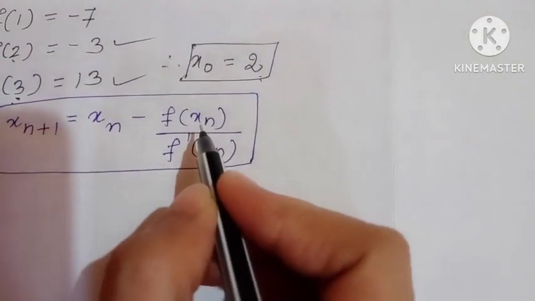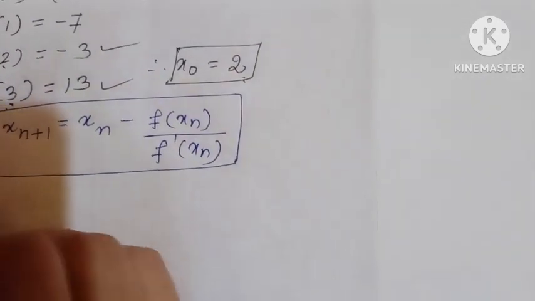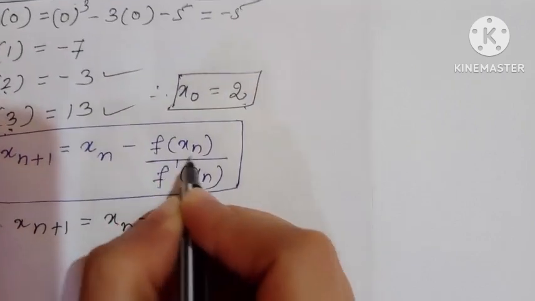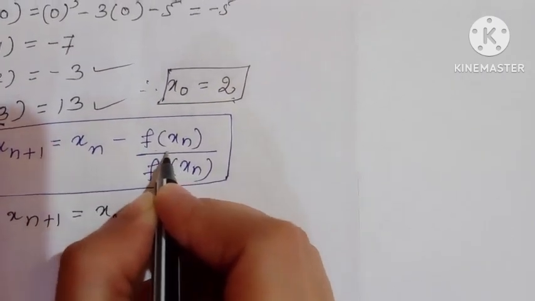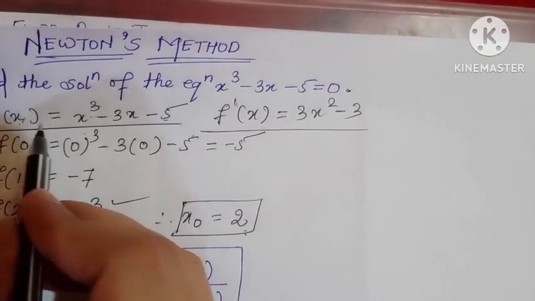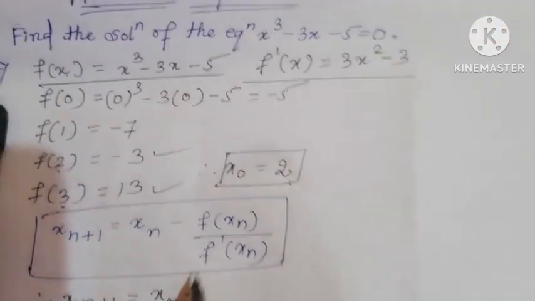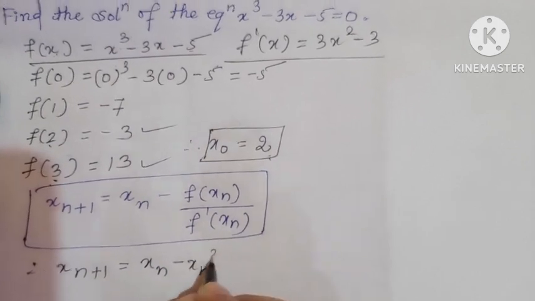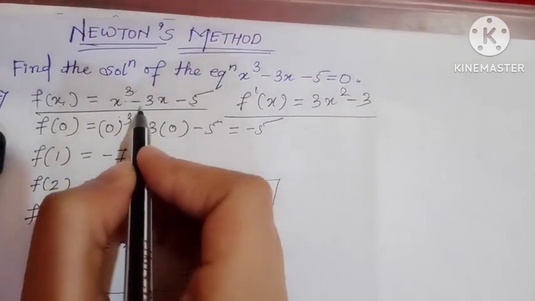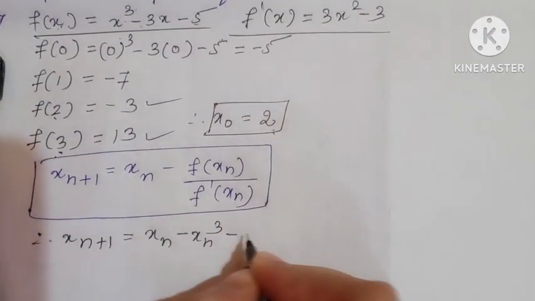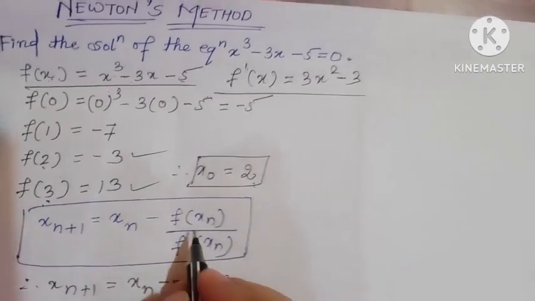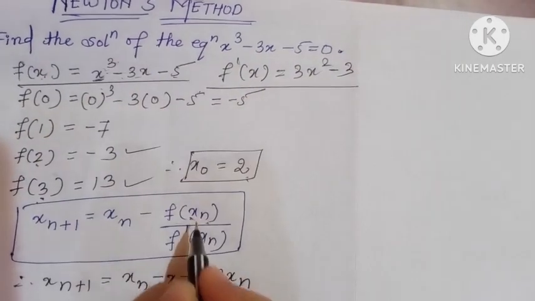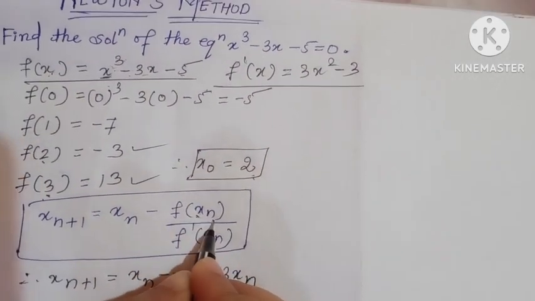So see in the formula. Therefore x(n+1) equal to xn minus f(xn). In the place of f(xn), you will write f(x). So our f(x) is x cube. So we will write xn cube minus 3x, so we will write minus 3xn. In the place of x, you will substitute xn.